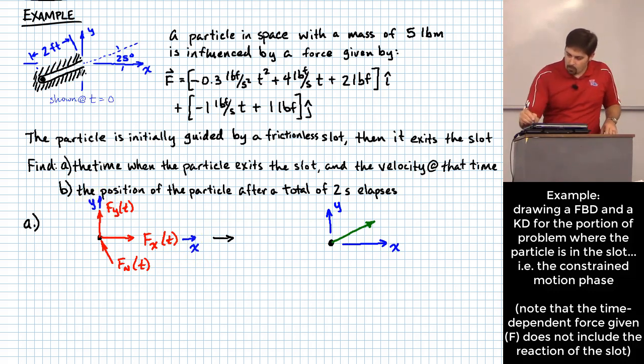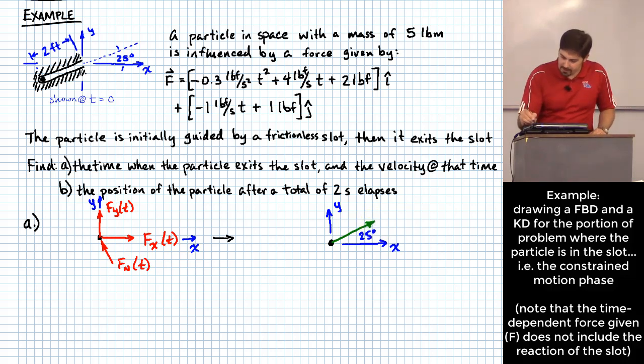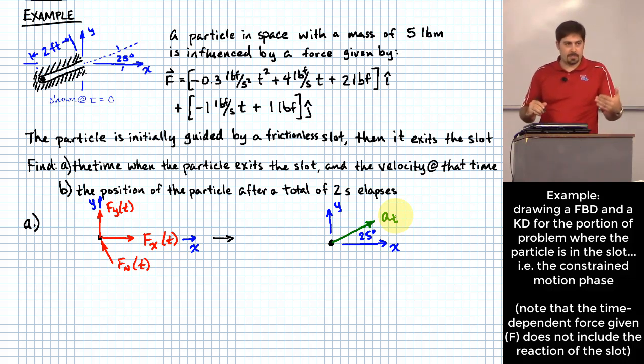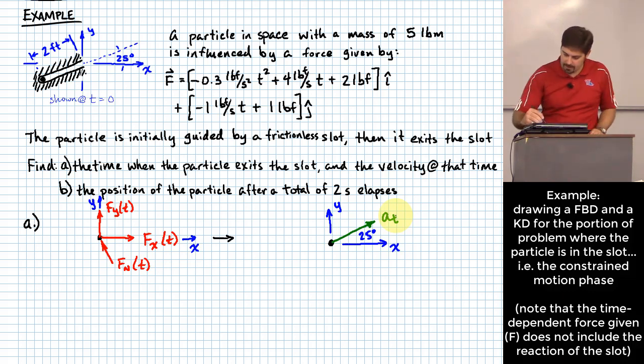Okay. One thing we know here is that we have a 25-degree elevation of this acceleration. And I'm actually going to call this A sub t, where the sub t represents tangential, right? It's in a slot. The direction it's moving is the direction of the path. That's the tangential component.